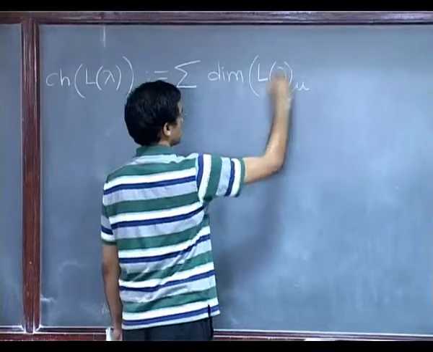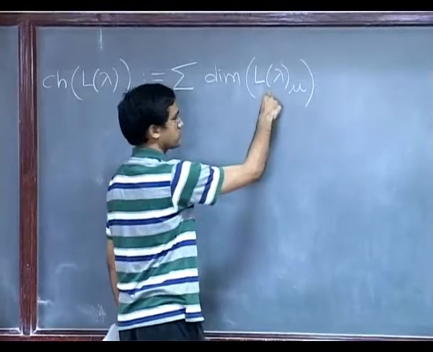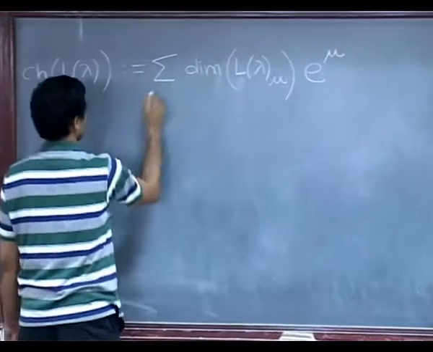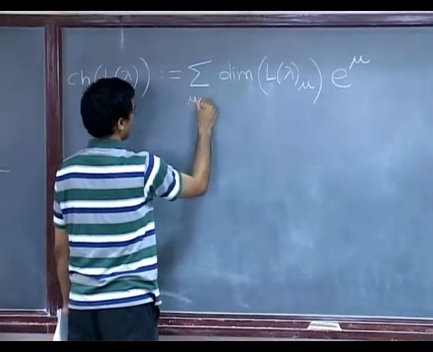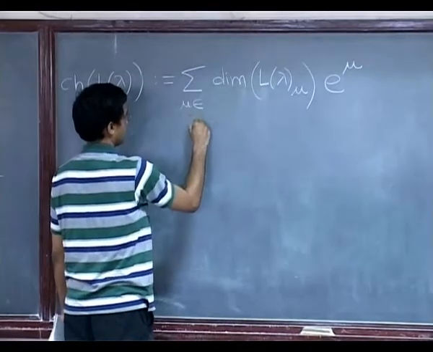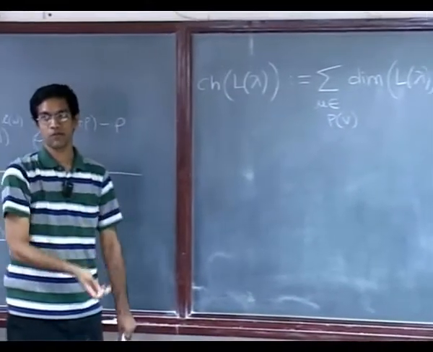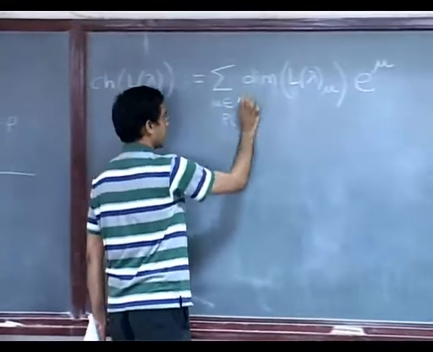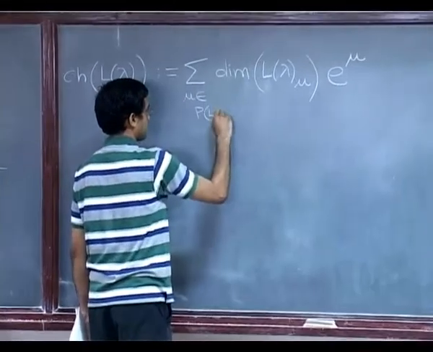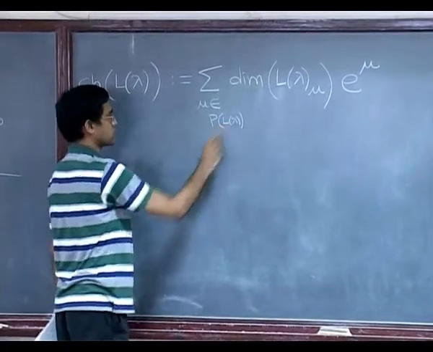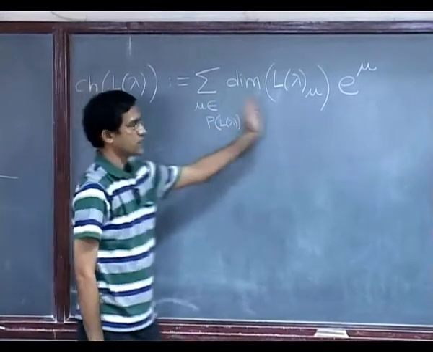So, it's the dimension of the mu weight space of this module, summed over all mu's. Again, yesterday Ravindra Shukla used the notation P of V for the set of all weights of that module, I should say P of L lambda here. So, this is just the set of all weights of this module. So, it's just a generating function.